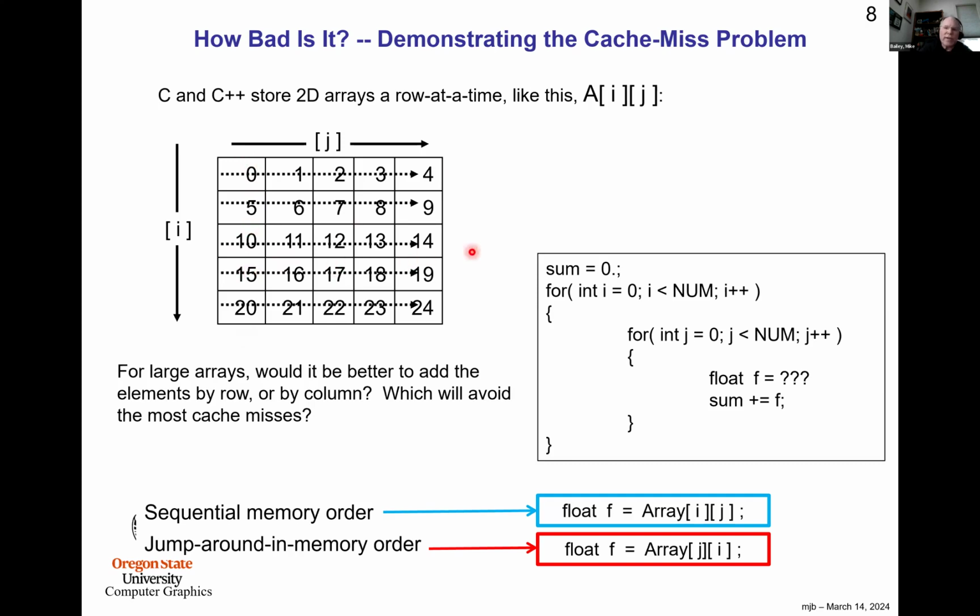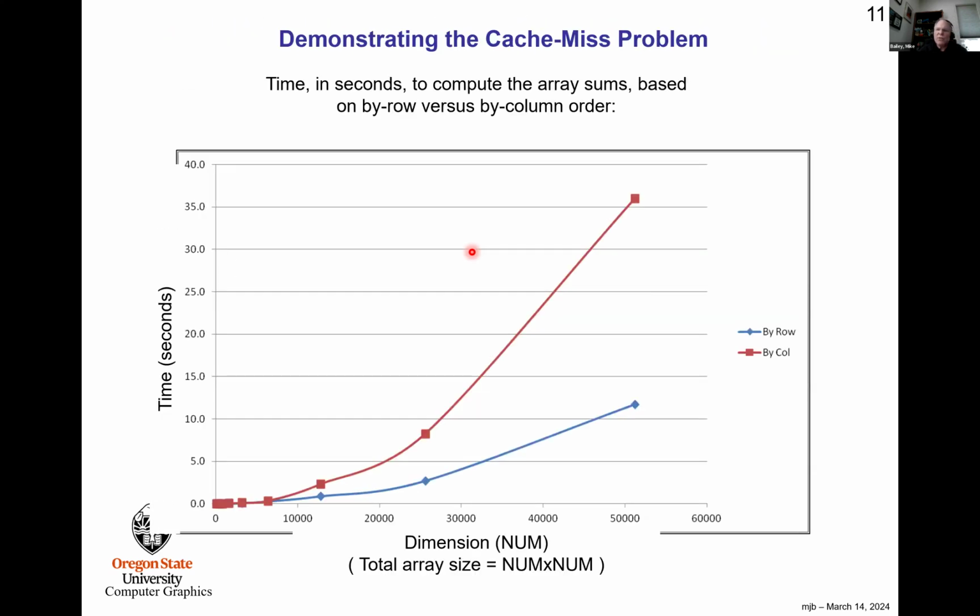If you do this both ways, here's what I got. This is elapsed time, and I recognize that violates our rule, but I wanted you to see this time gap. The blue line is if I access by row, the red line is if I access by column, and notice in seconds how much longer it takes accessing by column.